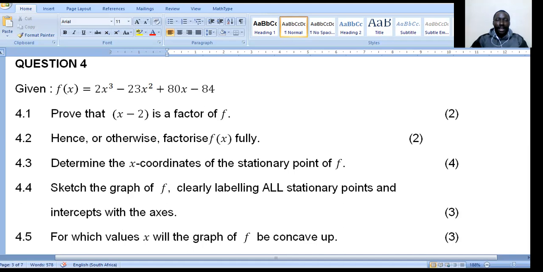So any idea how we can prove that? Any suggestion on how we can get this proved?